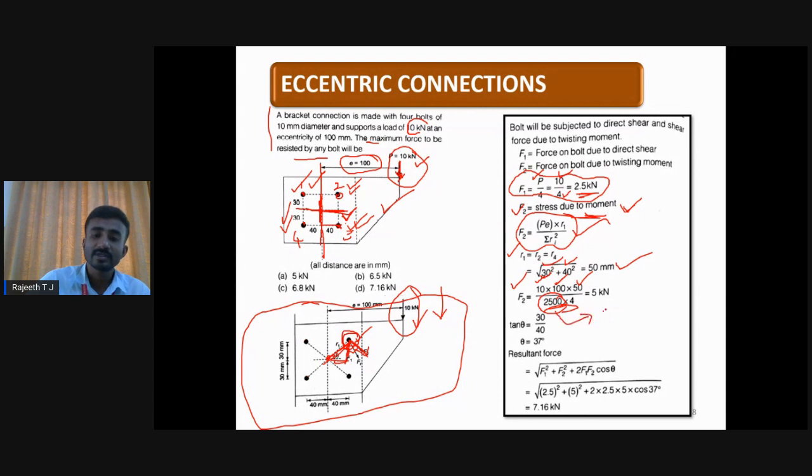It is the sigma Ri square for one bolt, that is x square plus y square, 40 square plus 30 square. Since there are four bolts, you need to multiply by four. If it is five or other numbers of bolts, we should take that number of bolts. Then if you substitute here, you will get F2 as 5 kilonewton.